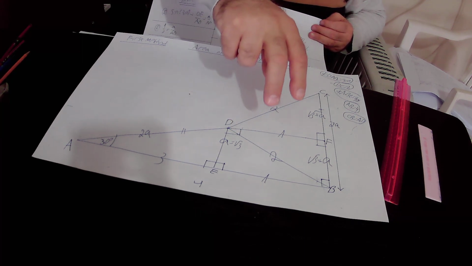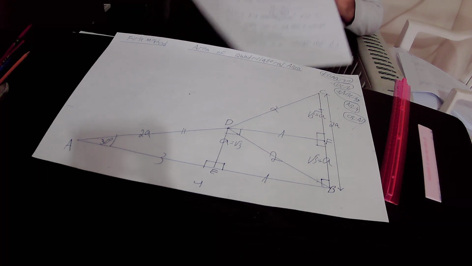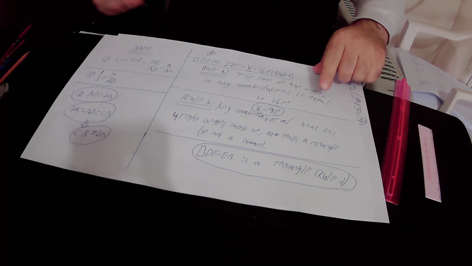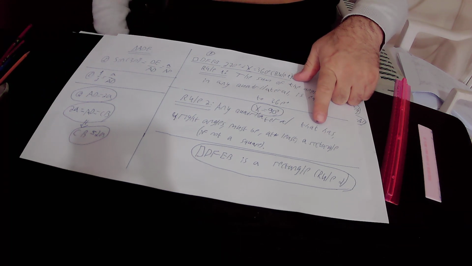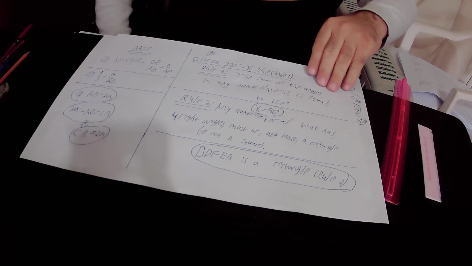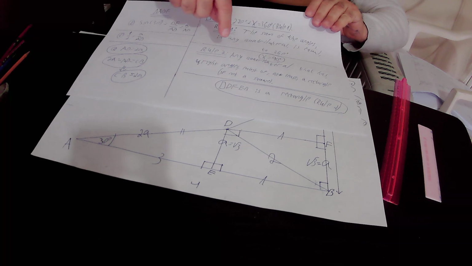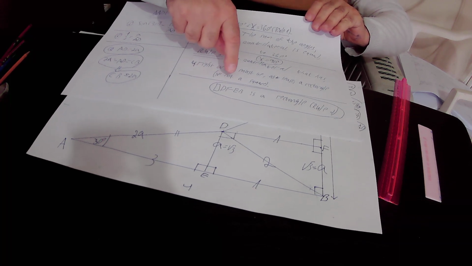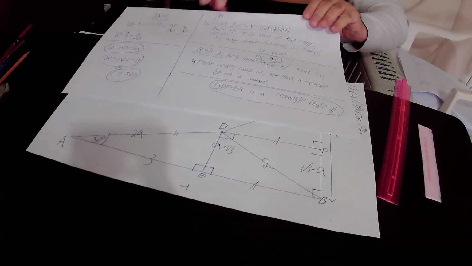Therefore, all angles inside quadrilateral DFEB are right angles. And we have rule number 2. According to rule number 2, any quadrilateral that has four right angles must be at least a rectangle, if not a square. Because quadrilateral DFEB has four right angles, we will relate to it as a rectangle.